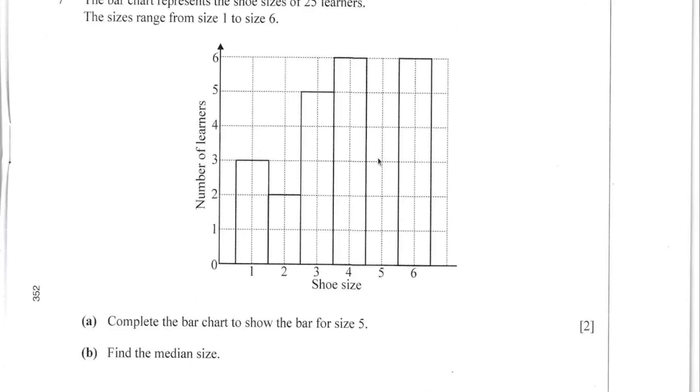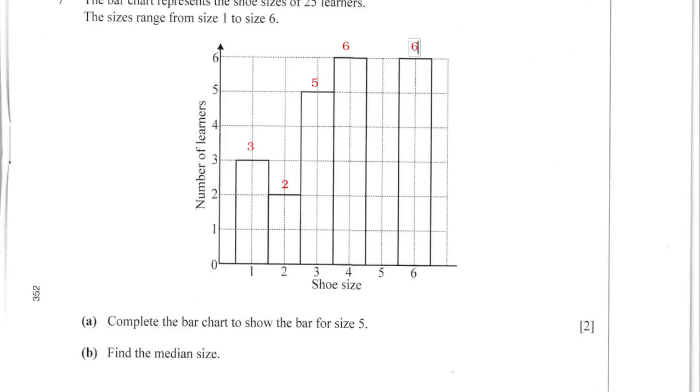Now, how do we find how many learners are not here? For size number 1, we have a total of 3 learners. For size number 2, we have 2 learners. For size number 3, it's 5 learners. Then size 4, we have 6 learners. Size 5, this one we don't know. And then size 6, we have a total of 6 learners.